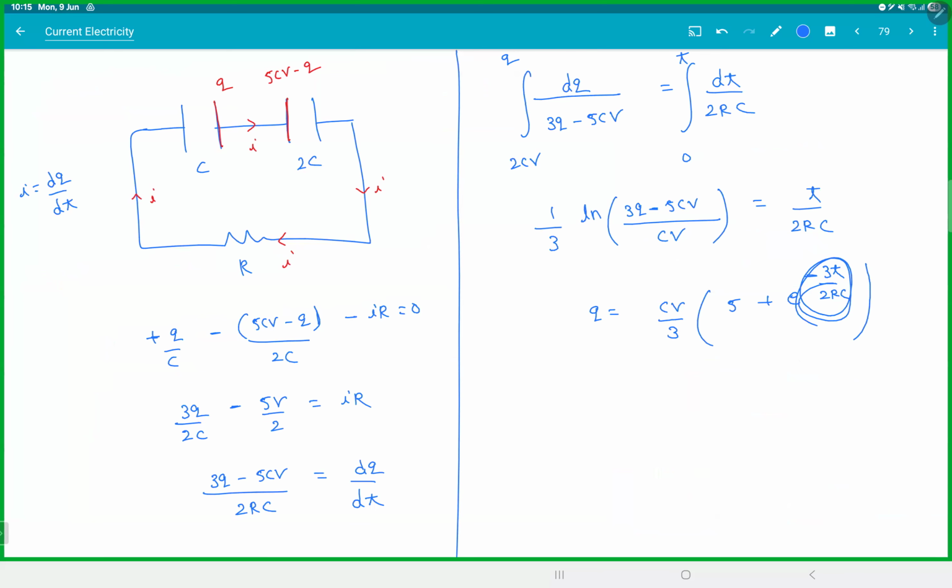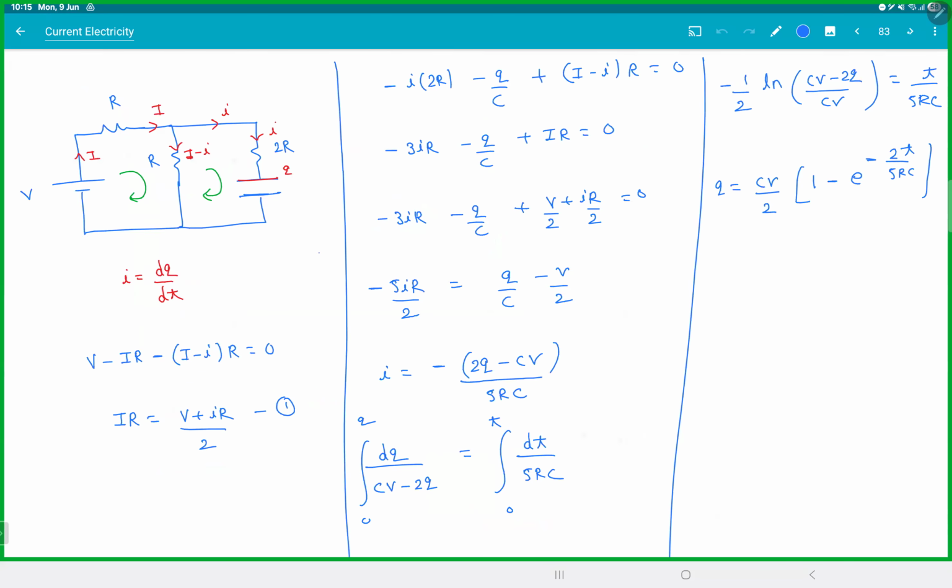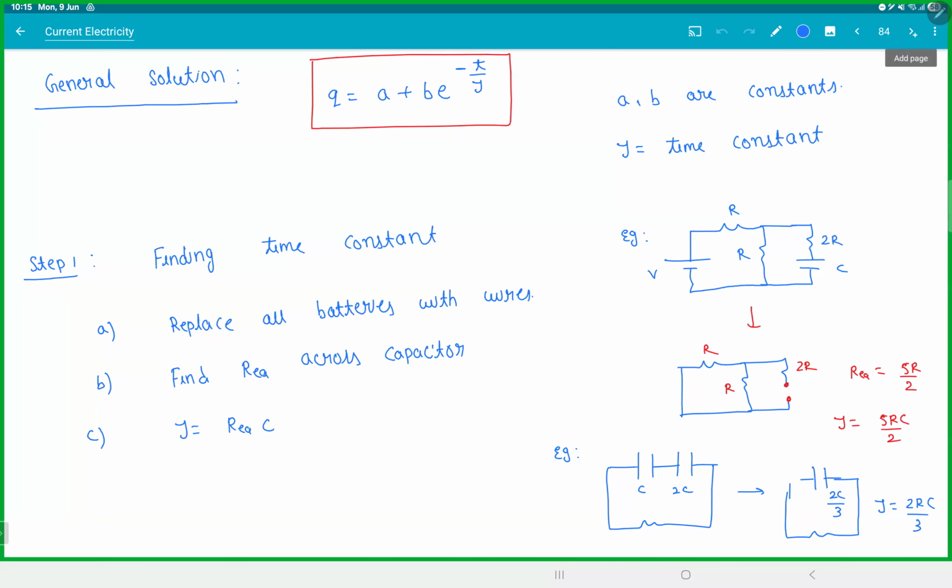So even if you have initial charges, you can just empty them and finish it off. Because the time constant doesn't care what your initial charges are. Time constant simply says the time taken to 63% decay. Whatever initial charge you had, it will decay by 63% for an RC circuit. It kind of works. So this is the first thing, finding the time constant. I know how to get tau.